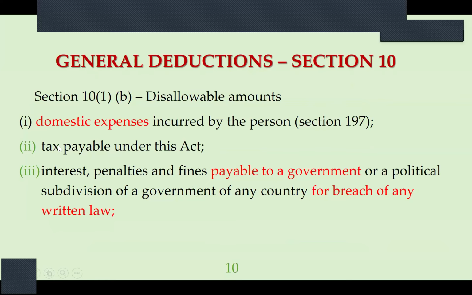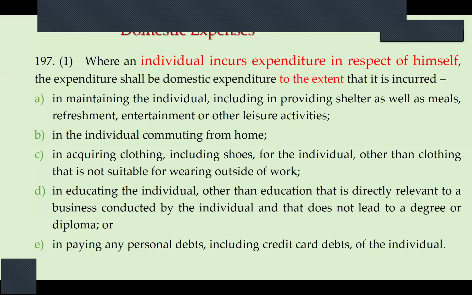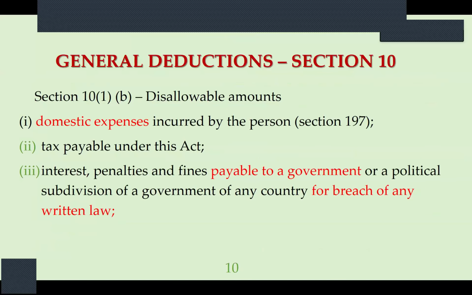The next one, I will explain later, because it has several subcategories. Then the next one is tax payable under this Act. So what are the taxes we have to pay under this Act? Mainly income tax, then capital gain tax, withholding tax, and APIT.